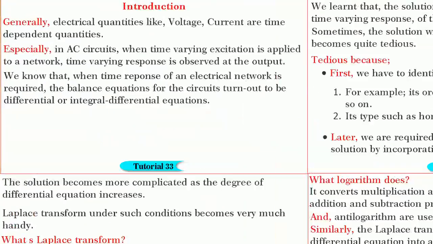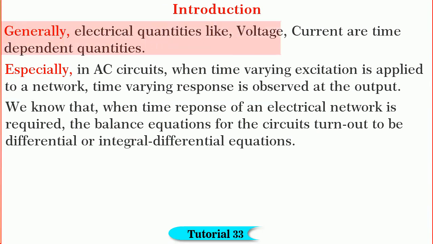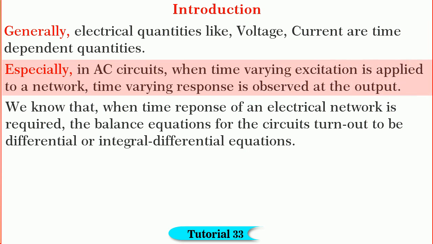Friends, generally, electrical quantities like voltages and currents are time dependent quantities that you know. Especially in AC circuits, you know that when a time varying excitation is applied to a network, a time varying response at the output is observed.